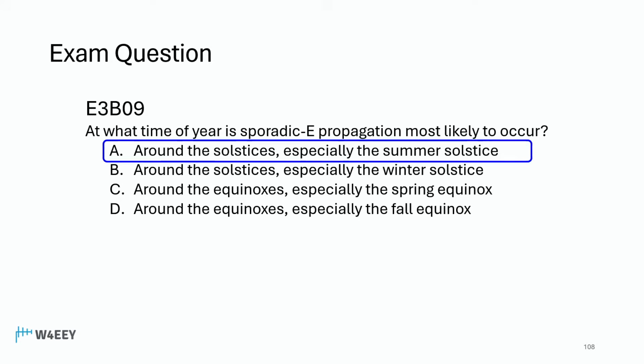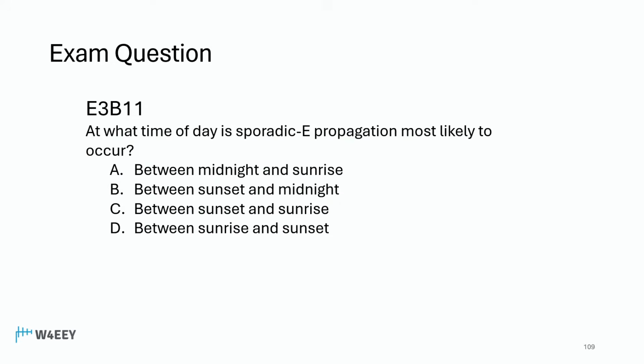Alpha, around field day, around the solstices, especially in the summer solstice. At what time of day is sporadic E propagation most likely to occur? Delta, between sunrise and sunset, the sunny part of the day.